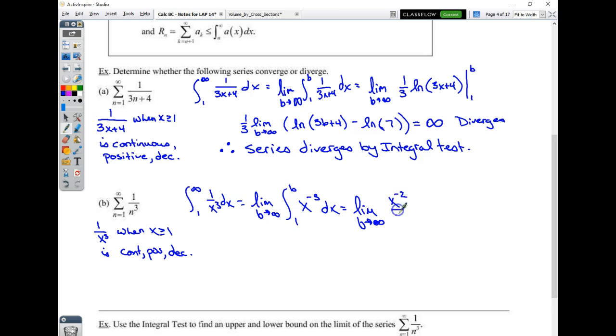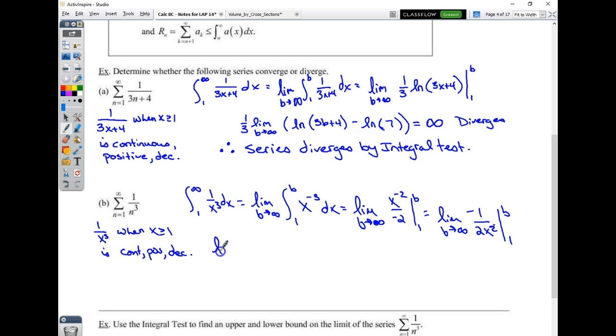X to the negative 2 over negative 2, evaluated from 1 to b. I may choose to rewrite that because I really don't like the way that's written right now. I would probably call it negative 1 over 2x squared, evaluated from 1 to b. Is everybody good with that?